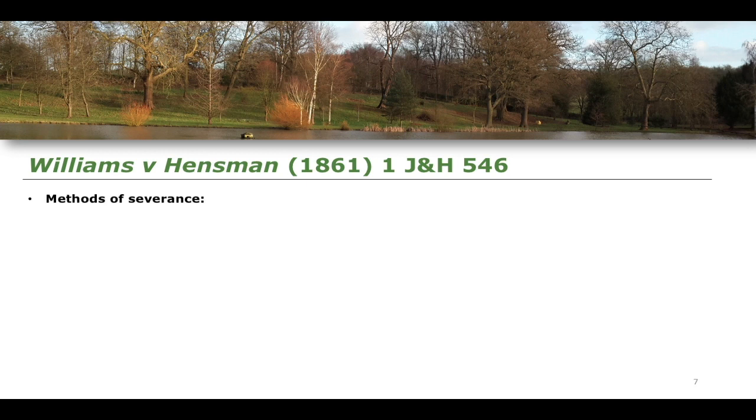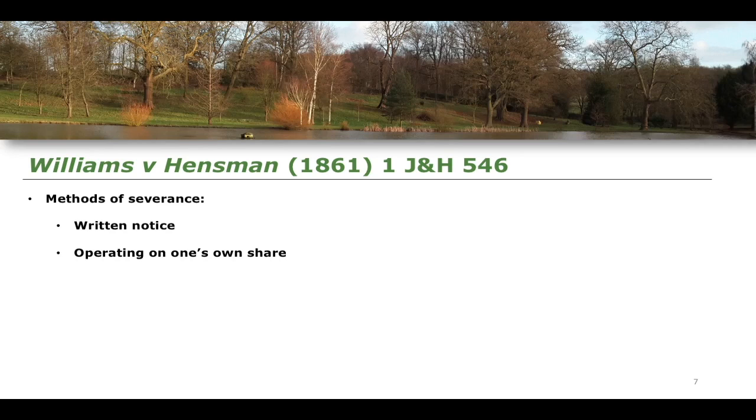The methods of severance are as follows. We have written notice, which is often considered to be the simplest and easiest to understand method of severance. You have the act of operating on one's own share. In layman's terms, where you are a joint tenant, you are acting as a single cohesive unit, as we've been talking about previously in our lessons on co-ownership.